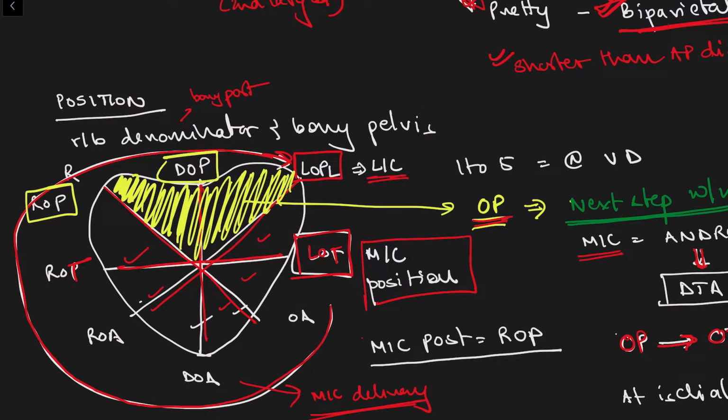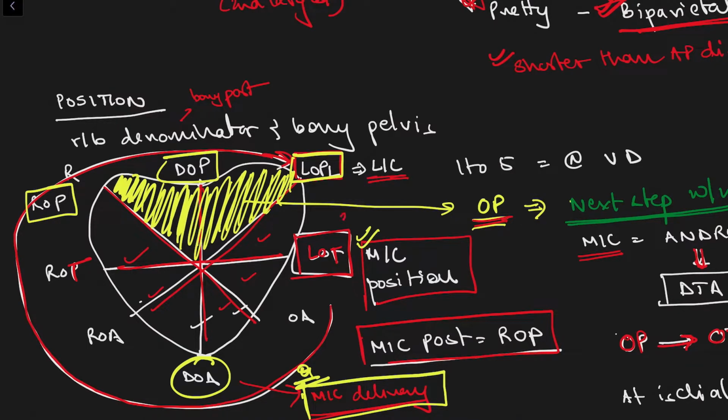So most commonly the fetus would be in left occipitotransverse position, while direct occipito-anterior position would be the most common position for delivery. Then the most common posterior position is right occipito-posterior. Remember this: the most common position is left occipito-transverse, which is an anterior position, and the most common posterior position would be right occipito-posterior.